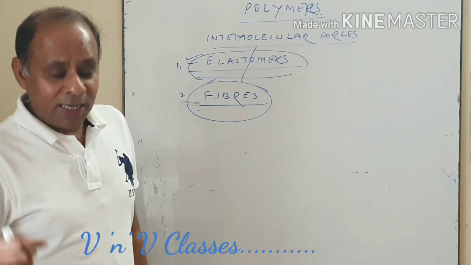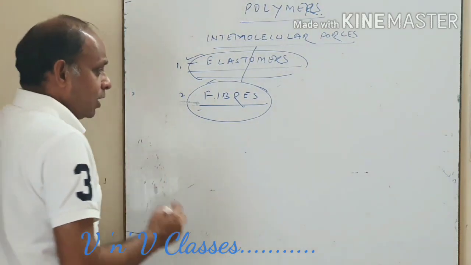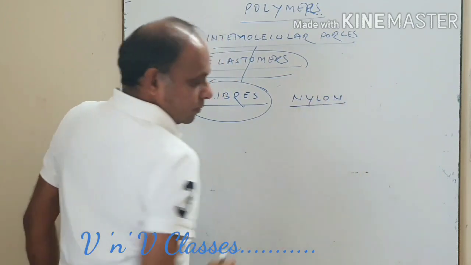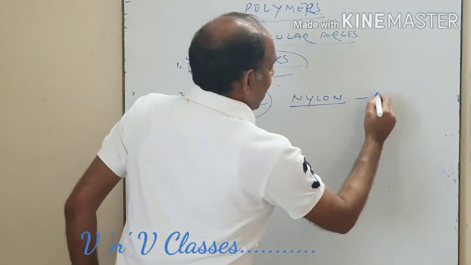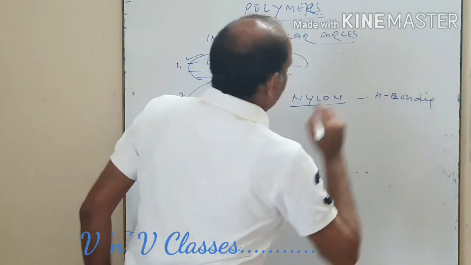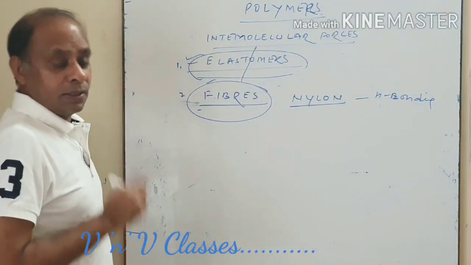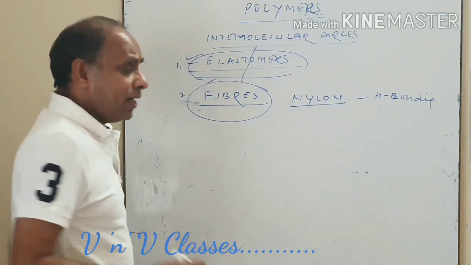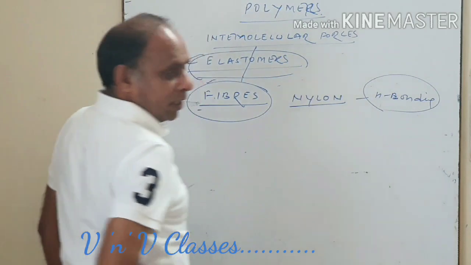We will discuss the examples later. I just want to tell you one thing. When you discuss the nylons, here you will find hydrogen bonding as an intermolecular force. Nylon fibers, how the polymer chains are bonded, they are bonded by hydrogen bonding.